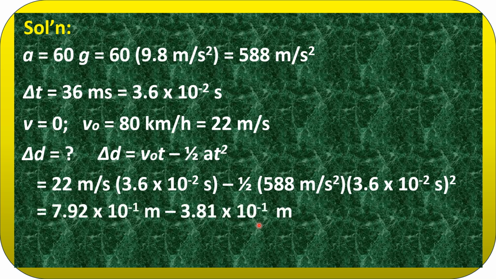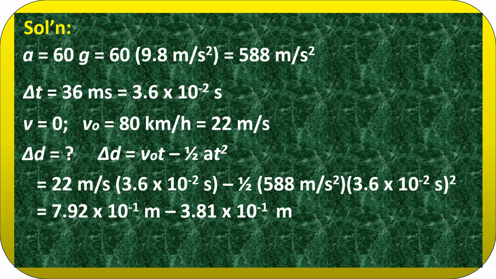7.92 times 10 to the negative 1 meter is the result of multiplying 22 meters per second by 3.6 times 10 to the negative 2 seconds. And that's minus the result of multiplying 1 half times 588 meters per second squared and the square of 3.6 times 10 to the negative 2 seconds, which is 3.81 times 10 to the negative 1 meters.